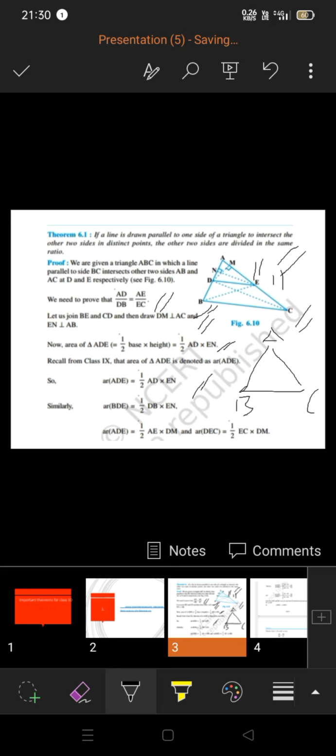Similarly, triangle BDE, the down part, would be half times DB into EN. Considering DM as the altitude, area of triangle ADE would also be half times AE into DM, and area of triangle DEC, the second triangle in the down part, would be half times EC into DM.